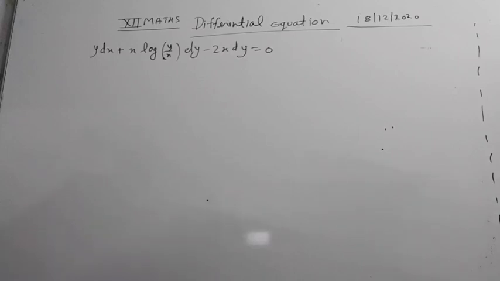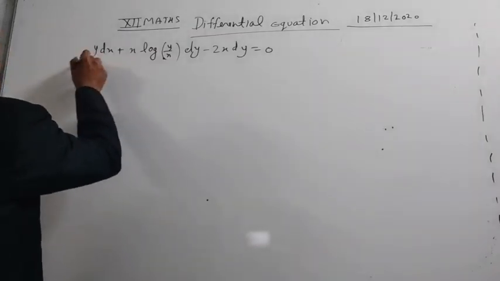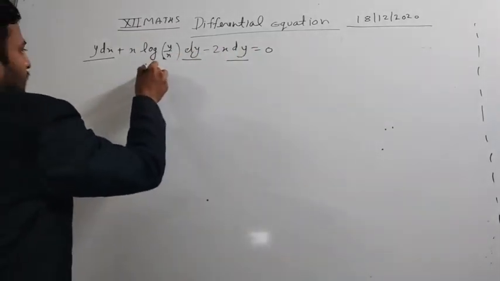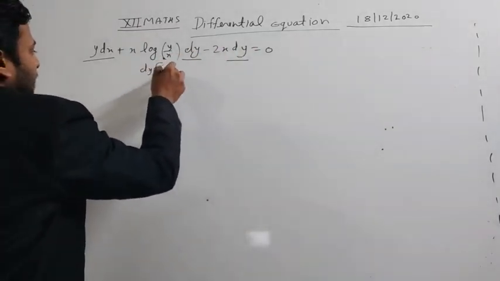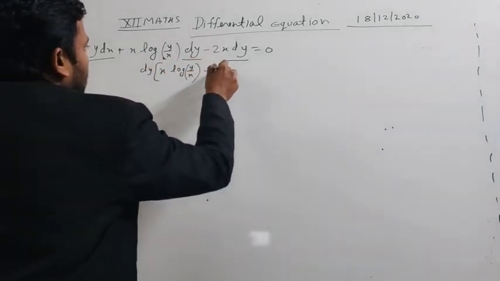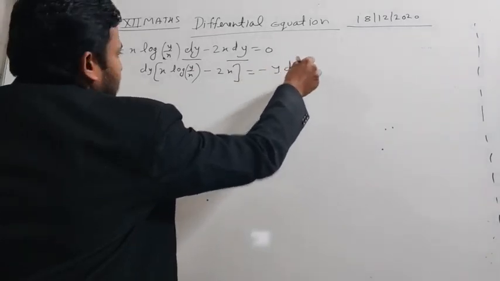So student, first we check which type of differential equation this is, and then we decide how to solve it. We will send this to the right hand side and take dy common from here. So dy times x log y by x minus 2x is minus y dx.